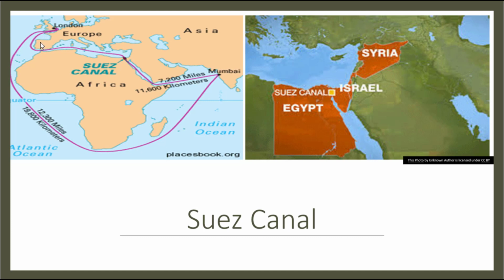Just imagine how much shorter it is to go through this route rather than the old-fashioned route all the way down around Africa to hit India. It's a really big deal for the English to be able to get through the Suez Canal, especially if you're trying to do all your trade with India, which you already possess.